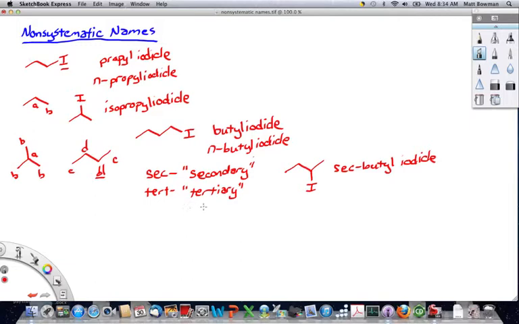Tertiary is a carbon that's attached to 3 different carbons. The only tertiary carbon amongst these 4 different types is carbon A, right here. This is referred to as tert-butyl iodide.